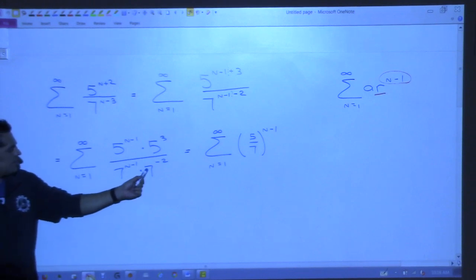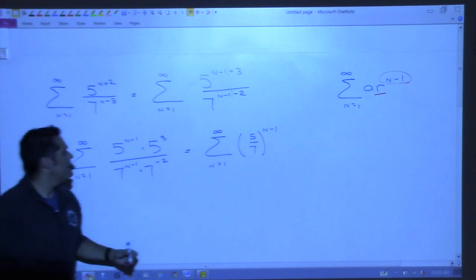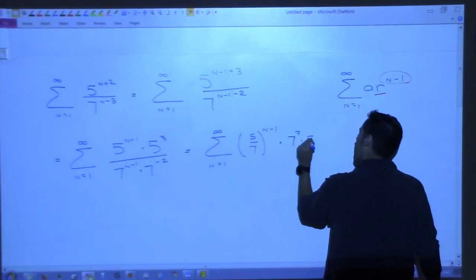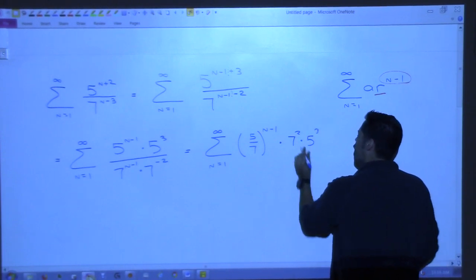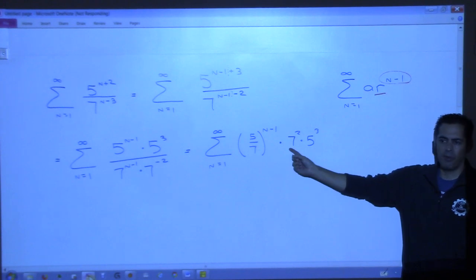Yeah, so this 7 to the negative 2 really comes up as 7 squared. And so I really have, next to this, 7 squared times 5 cubed. 5 cubed is 125, right? 7 squared is 49.